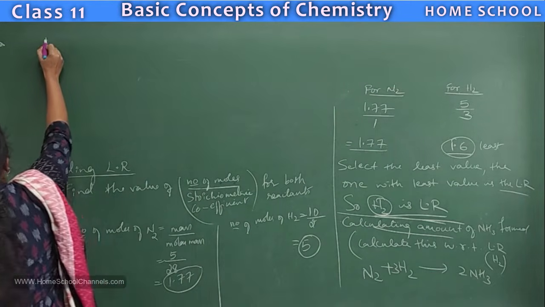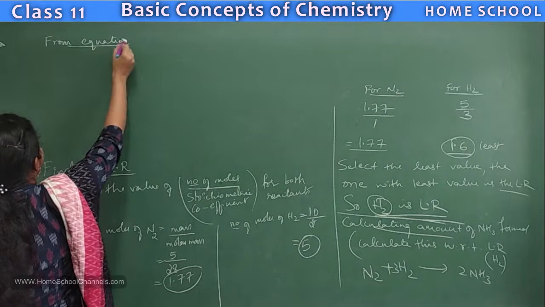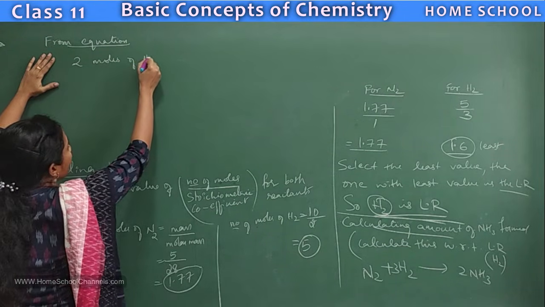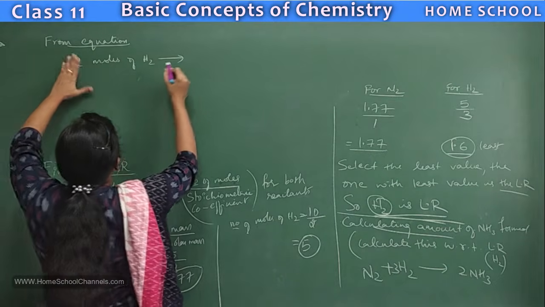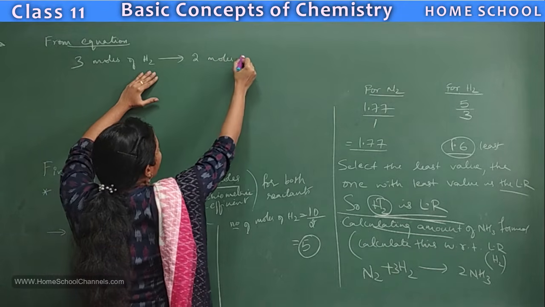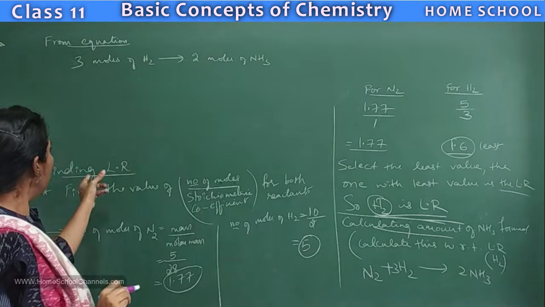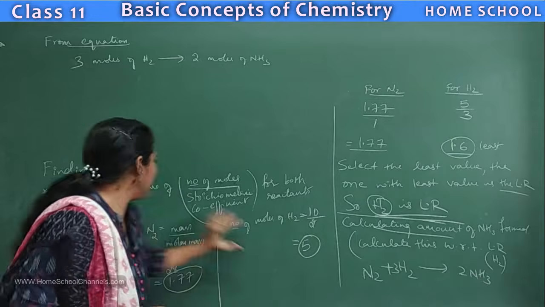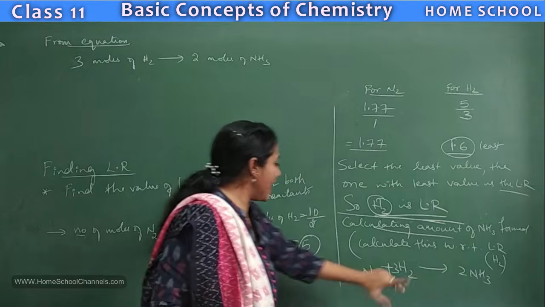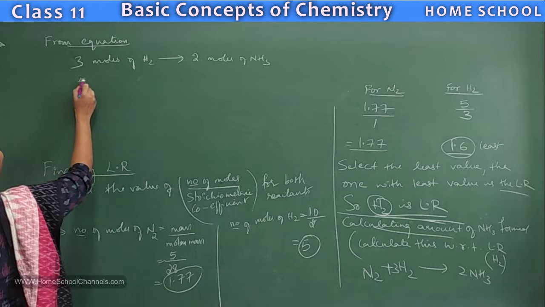So from the equation, 3 moles of hydrogen is giving 2 moles of ammonia. Now how many moles of hydrogen do you have from the information given in the question? In the question you had only 10 grams. 10 grams means how many moles? We calculated moles here, 5 moles, right? So you have 5 moles.